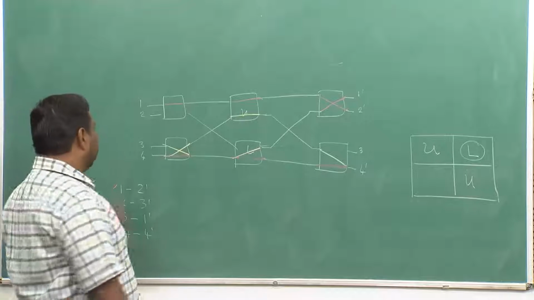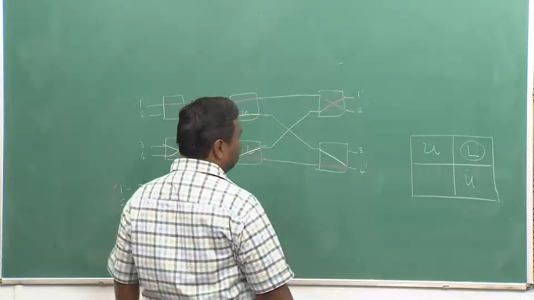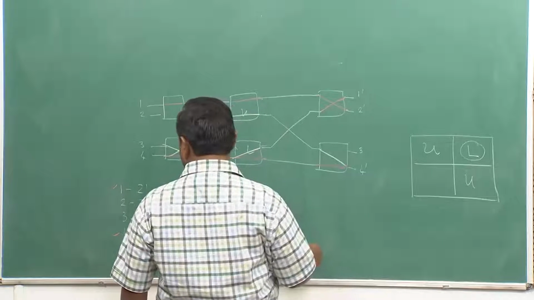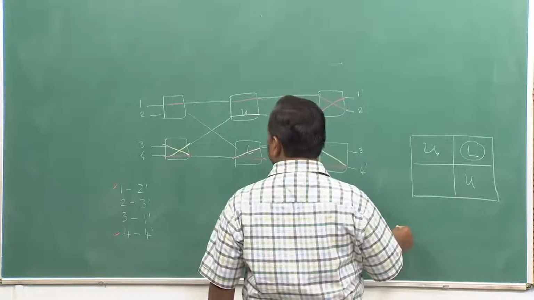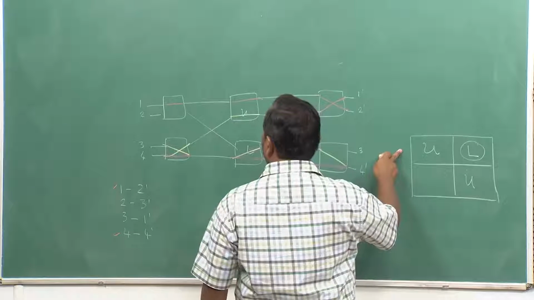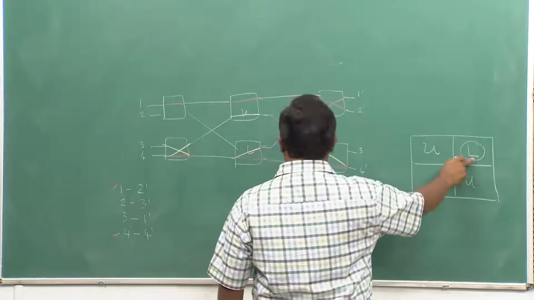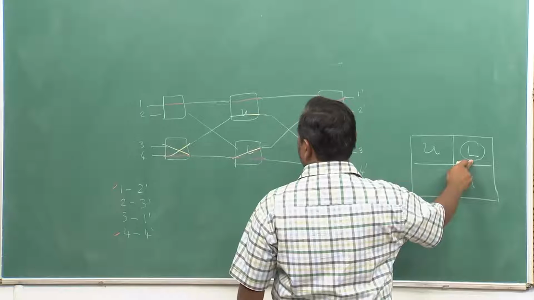And then of course the last one, 2 to 3, also can be done. So, 2 to 3 can go via the lower one.